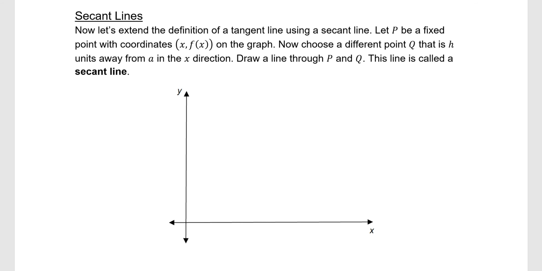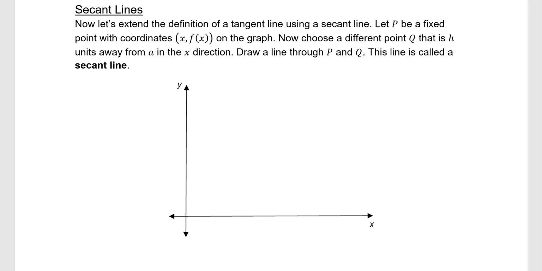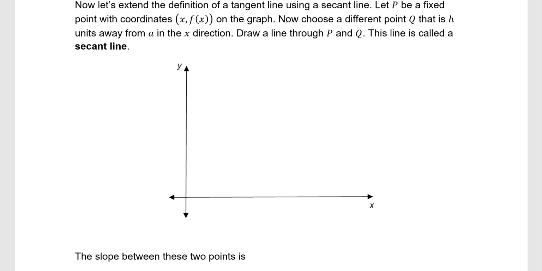So now moving on to secant lines. So this is a really important concept that we're going to be working with for the next few chapters, few sections. Let's say that we have a curve, and let's just say it looks something like this, and this curve is f of x, and let's say we have a point P on this curve.